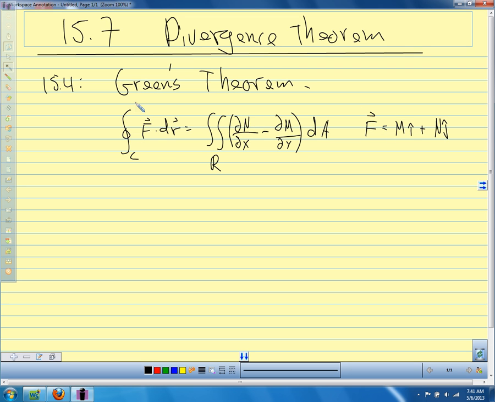And we did some manipulation, and we came up with that the integral around our closed curve of F dot n, the normal component of F around this closed curve, was equal to the double integral over the region of the divergence of F in the region.